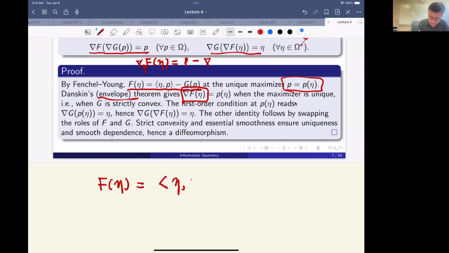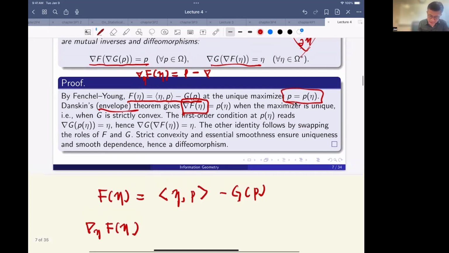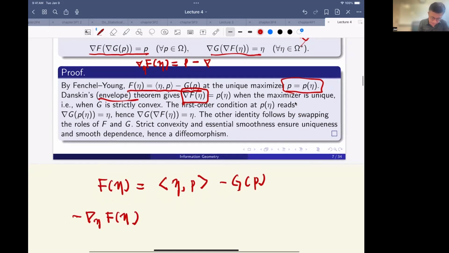So you differentiate with respect to eta, then that will give you a form of the solution.